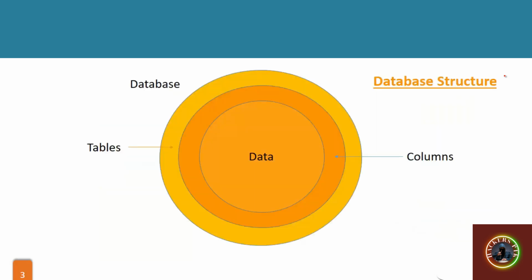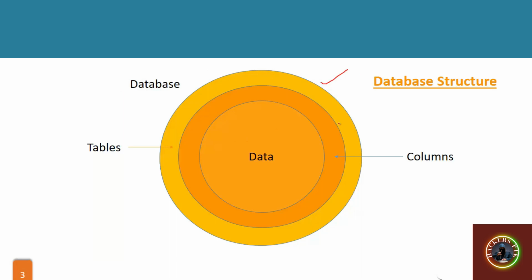Now if I talk about the database structure, so we are talking about the backend or database, but if you don't know the database structure, then you are not able to attack. So we need to understand the general structure of a database, right? So the general structure of a database, you can see this is called a database, right? This complete shell is called database, right?